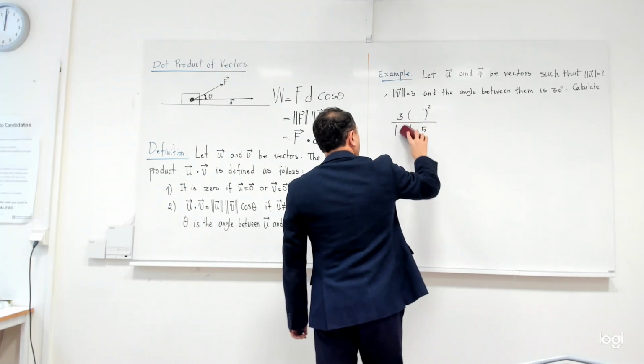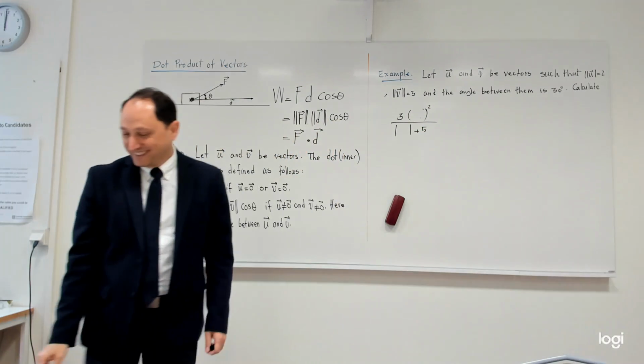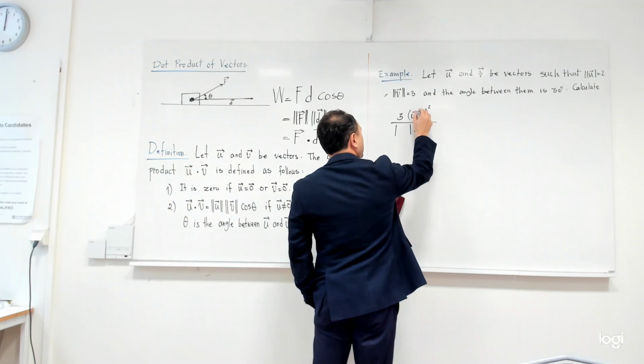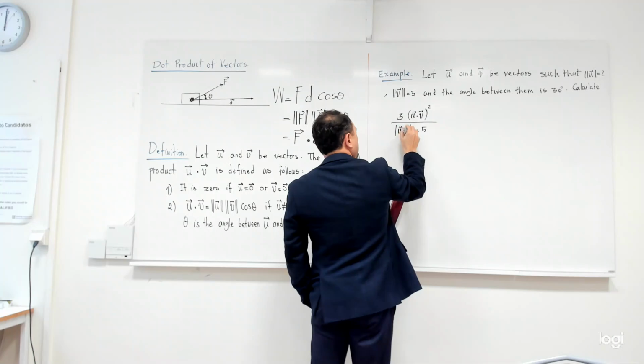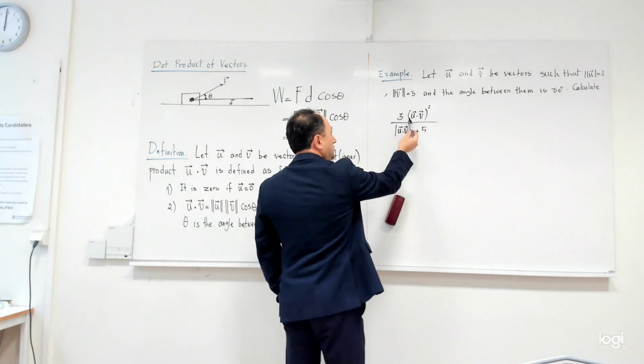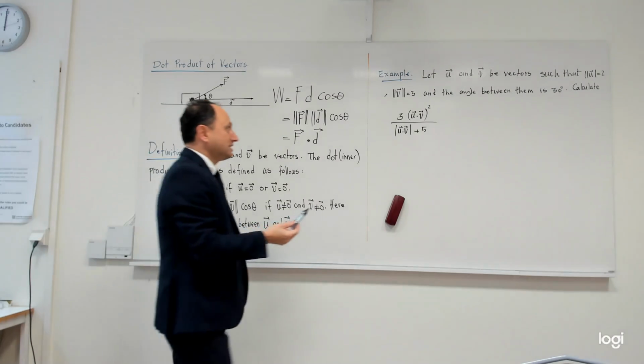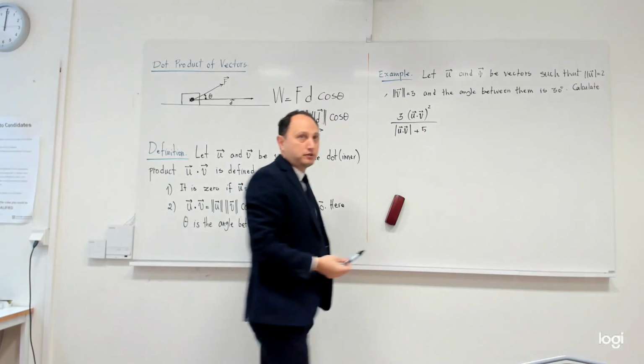Sorry. So this is completely meaningless, yes? But this is meaningful, hopefully, now. Here u dot v is definitely a number, and it makes sense if I raise that number to power 2.